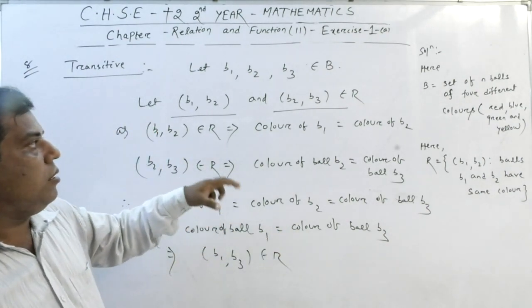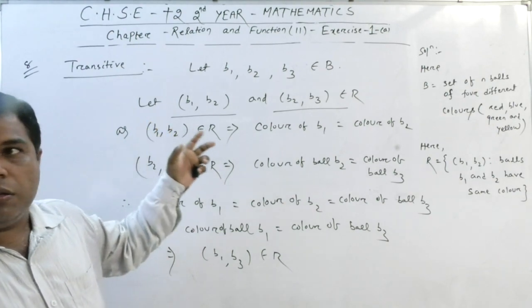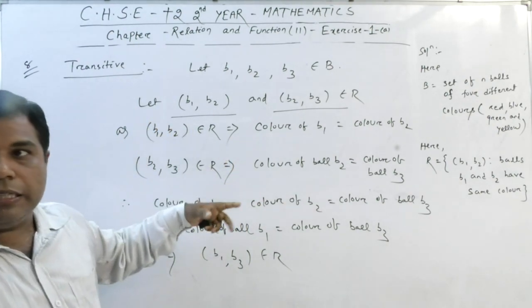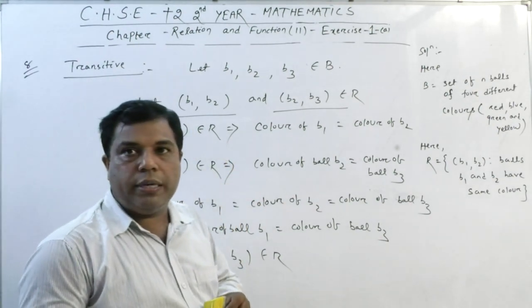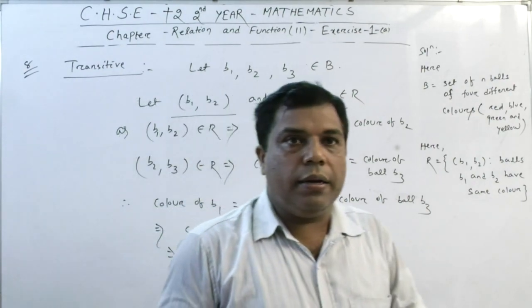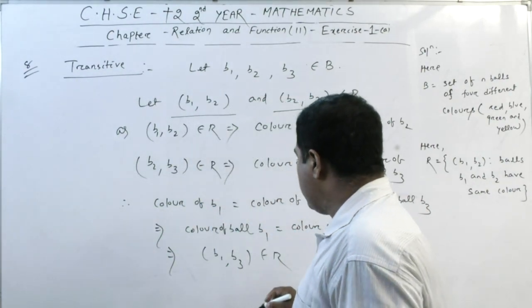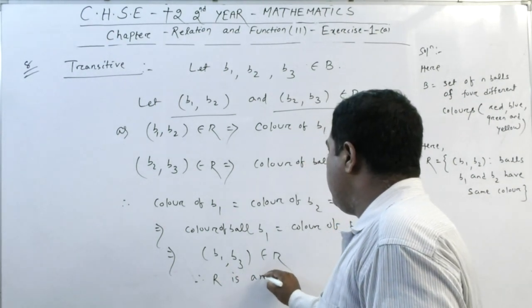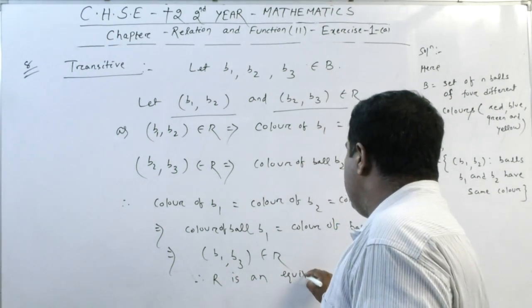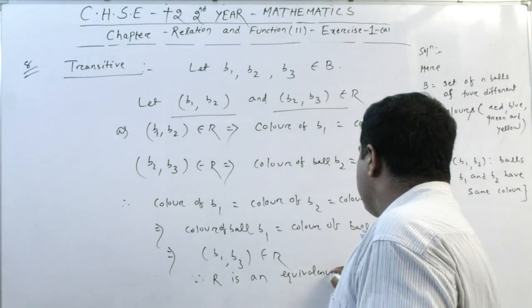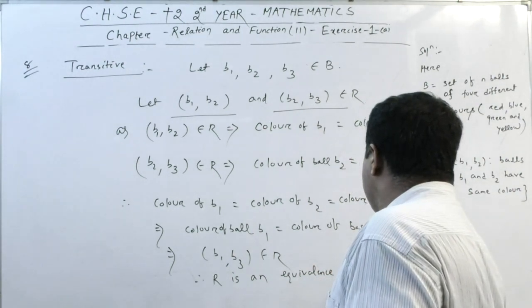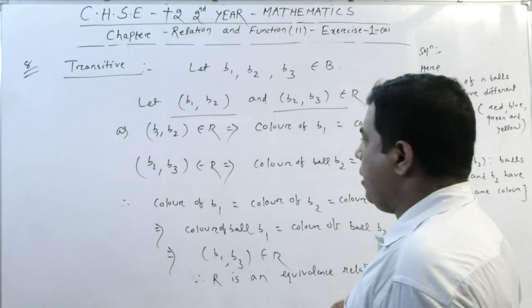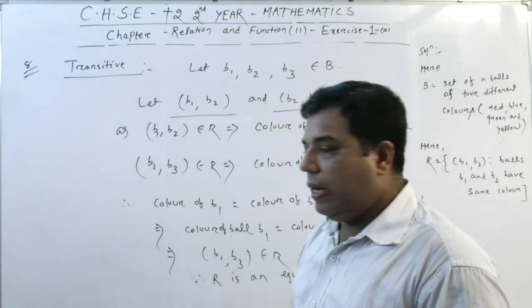So this relation is also transitive in nature. Okay, my dear students. So we obtain that, therefore, R is an equivalence relation.